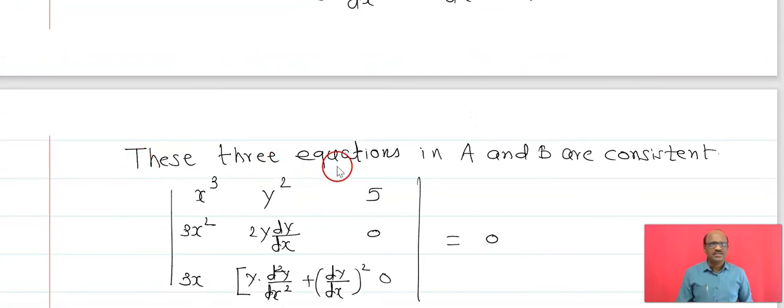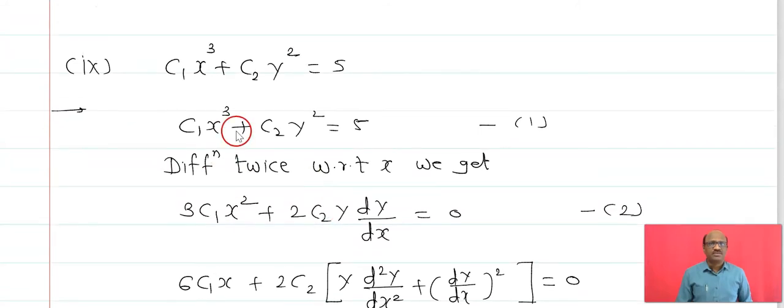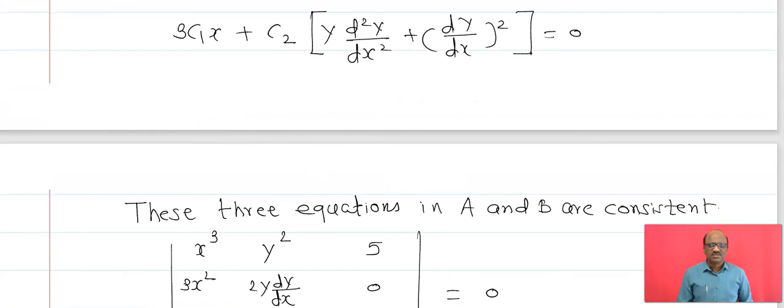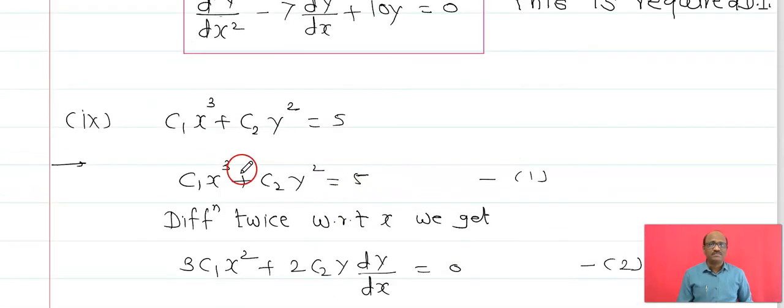These three equations in c1 and c2 are consistent, not A and B. Therefore, we take the first row as x cube, y square and 5.